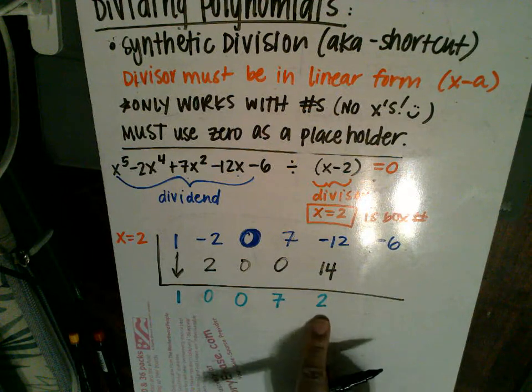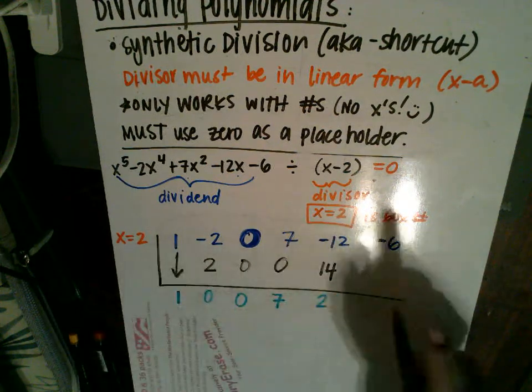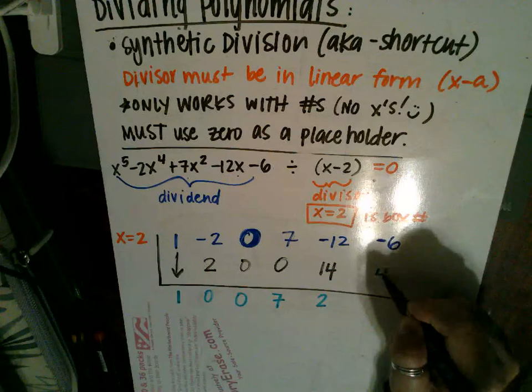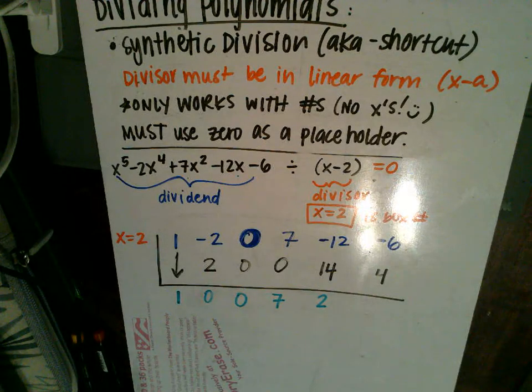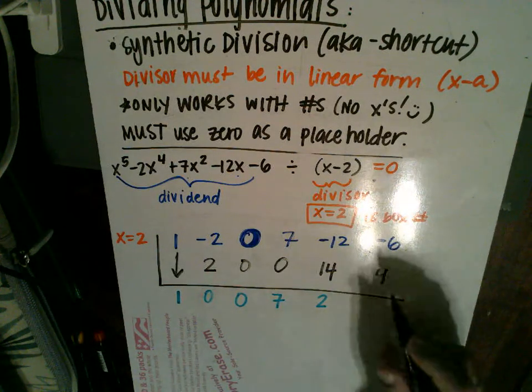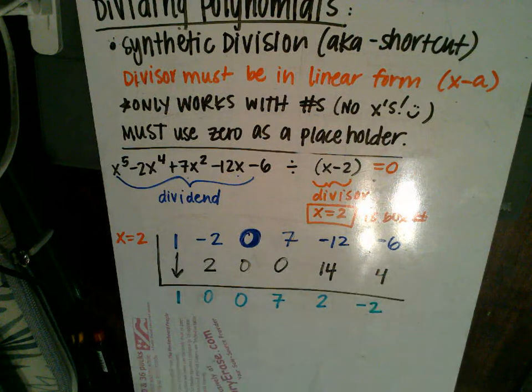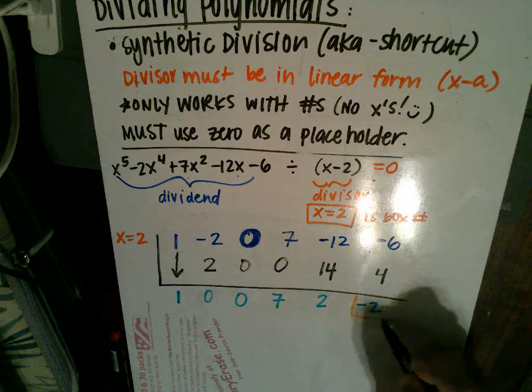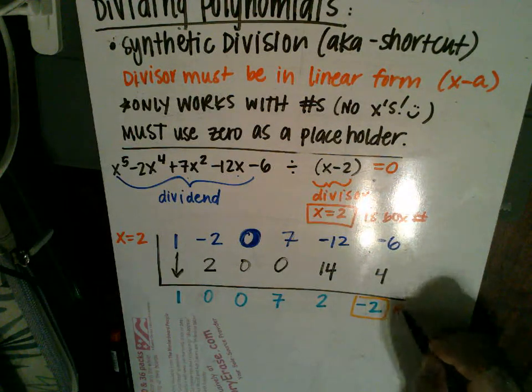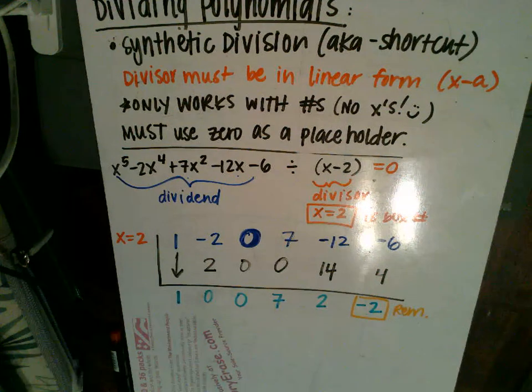Start over. 2 times 2 is 4. Negative 6 plus 4 is negative 2. And I'm done. I didn't have to do subtraction. I didn't have to do anything crazy. My remainder is negative 2, meaning it does not divide nicely.